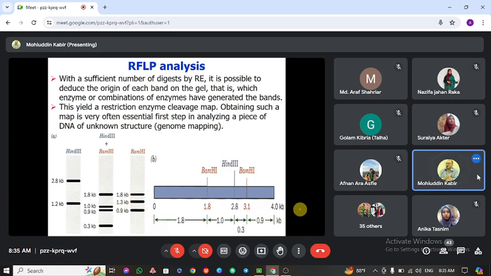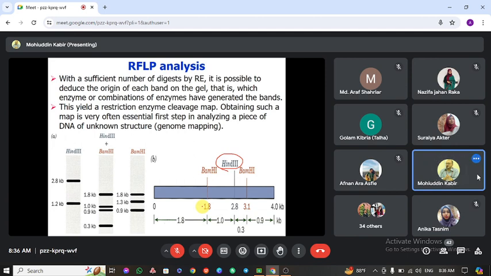Now, we do not know whether this HindIII site is located between these 2 BamHI sites or outside of them.